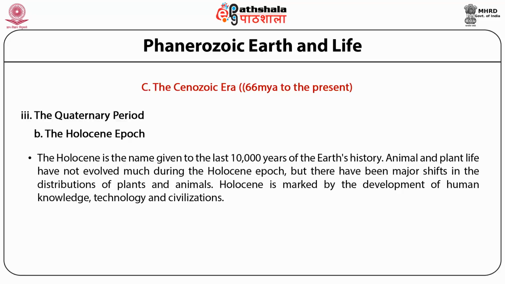Animal and plant life have not evolved much during the Holocene epoch, but there have been major shifts in the distribution of plants and animals. Holocene is marked by the development of human knowledge, technology, and civilization.